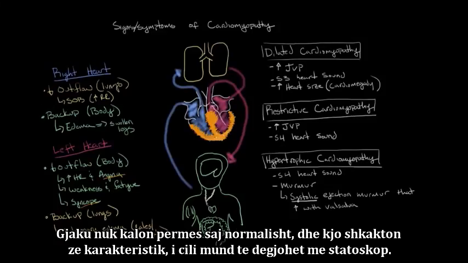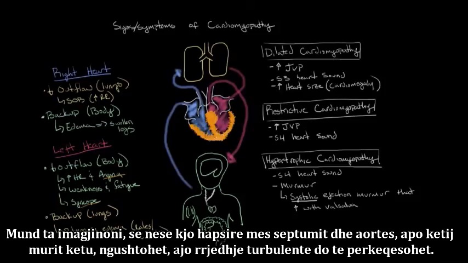The blood doesn't pass through there smoothly, and that causes a characteristic sound that you can hear with a stethoscope. And you can imagine that if this space between the septum and the aorta coming out of here, or this wall over here, were to get narrower, that turbulent flow would become worse.